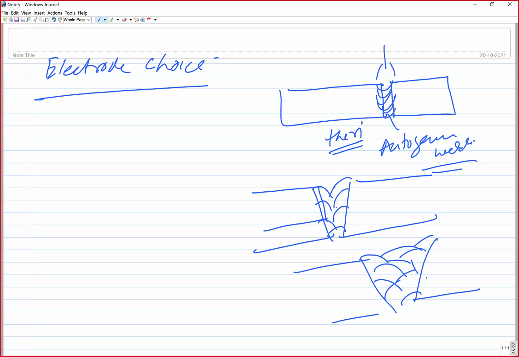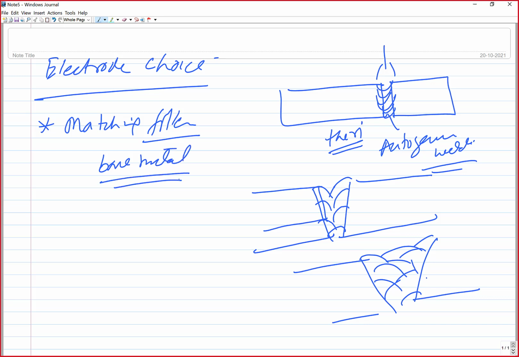So what we normally use for this purpose is a matching filler, which means the filler metal matches the base metal or parent metal to be joined. This is the first thing.